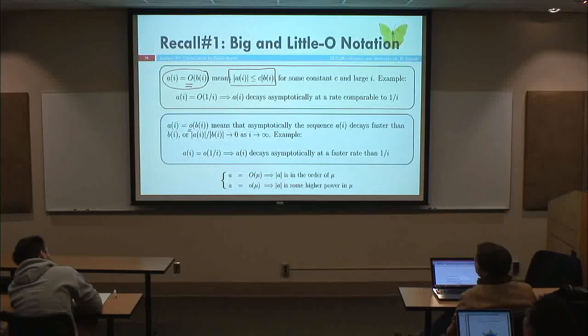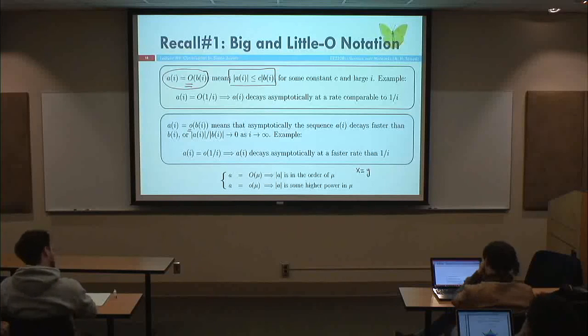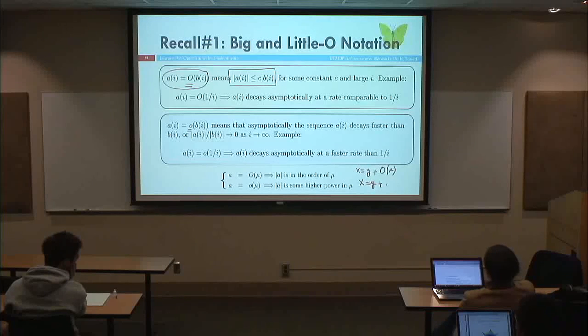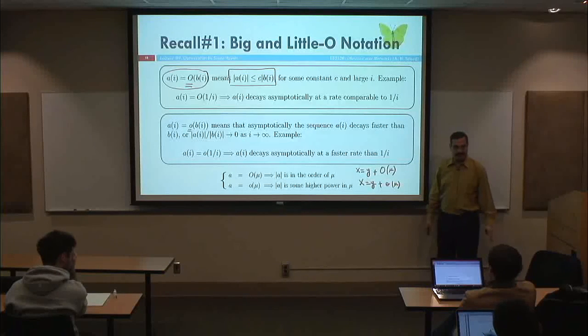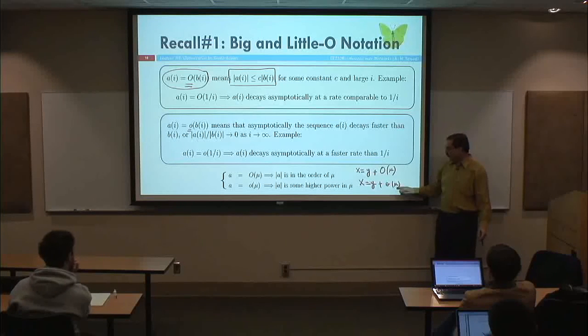Because sometimes I will write expressions like X is Y plus big O of mu, or X is Y plus little o of mu. What this is saying is that Y is some approximation for X, and the error is of the order of mu, or a higher order of mu, for example mu squared, mu cubed. That's what this notation means.